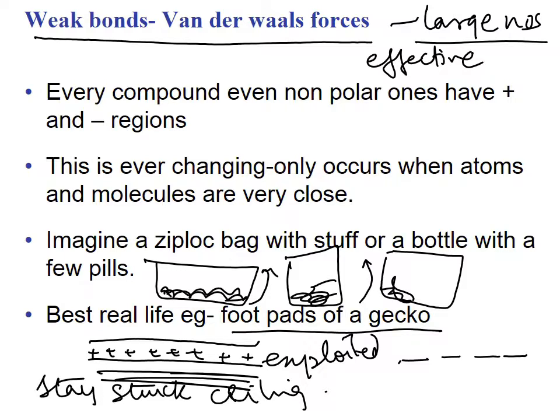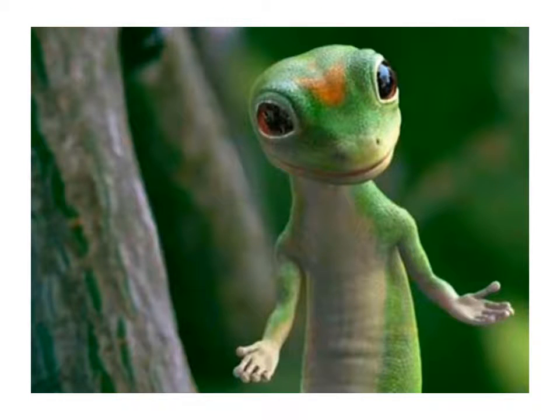That is because of this weak bond called van der Waals forces. So there you have your gecko, which has a lot of hair-like projections, and these cells have a lot of charges in their outermost edges, which get attracted to the wall and help it stay stuck.